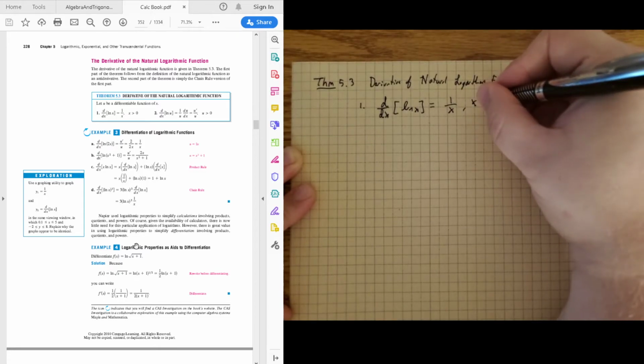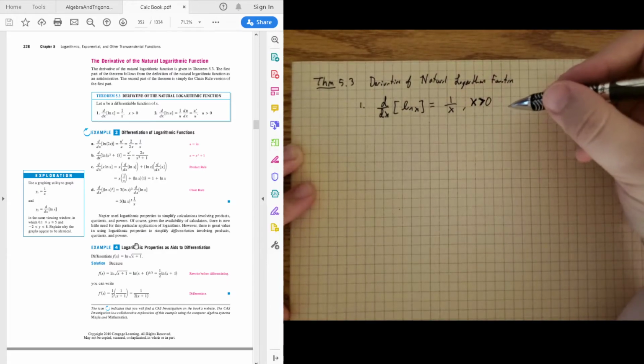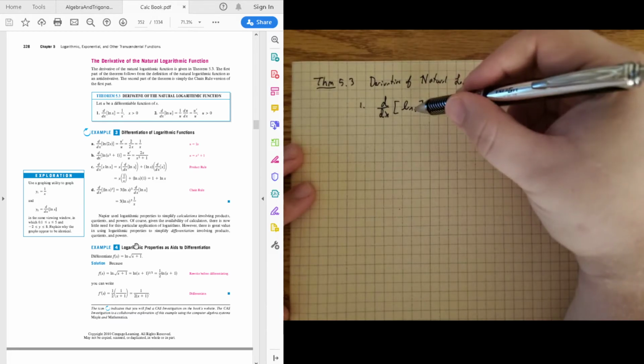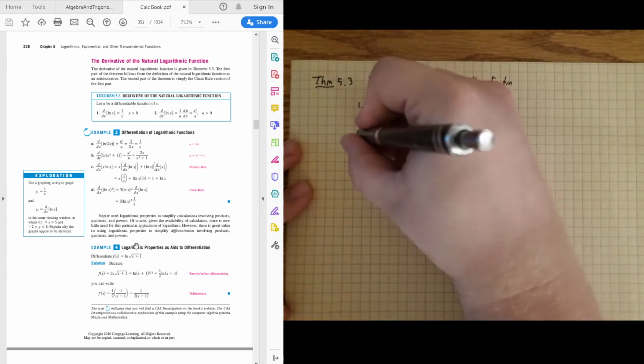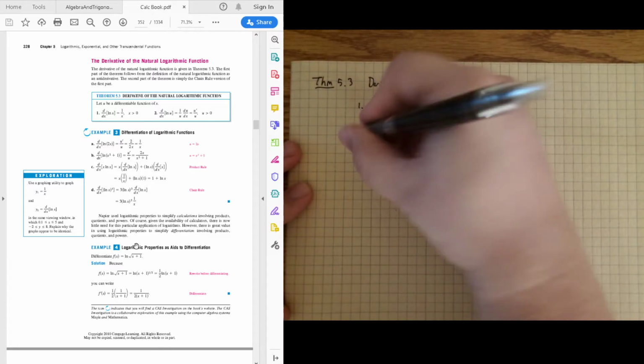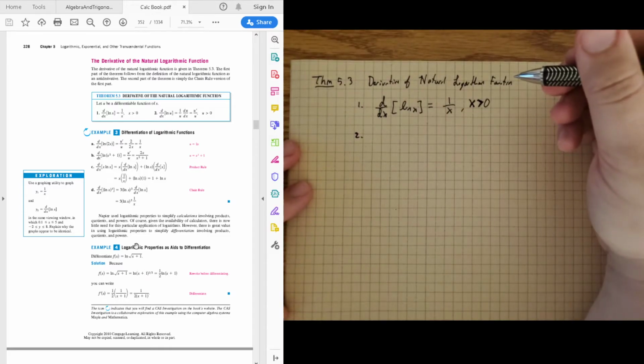This does not work if x is less than 0. If x is less than 0, it changes. And so this is the first piece. So if you just have the derivative of the natural log, it's easy to do, 1 over x. However, that's not the only thing that can happen. And here we actually have a written version of the chain rule.